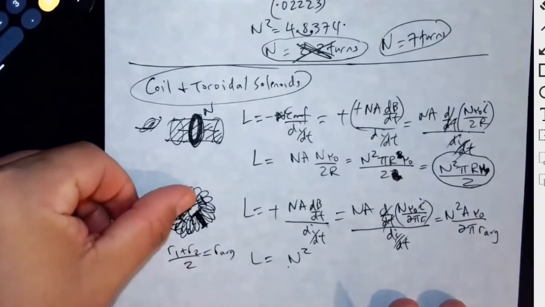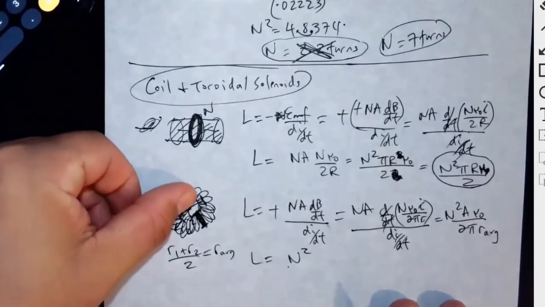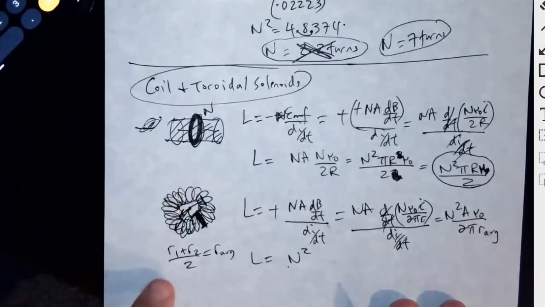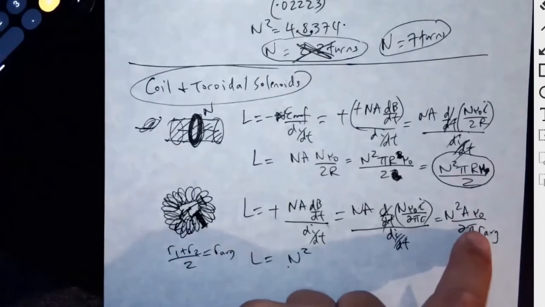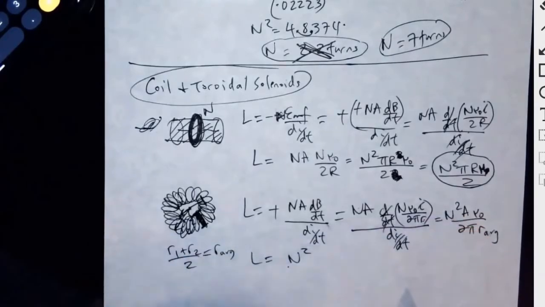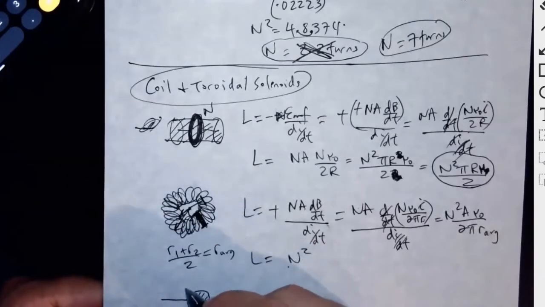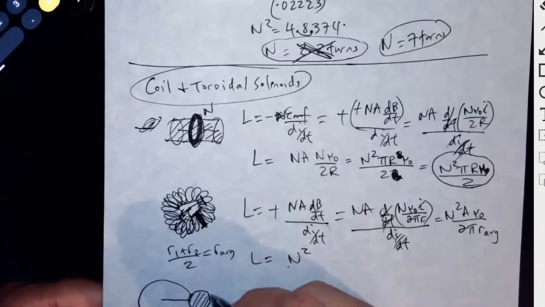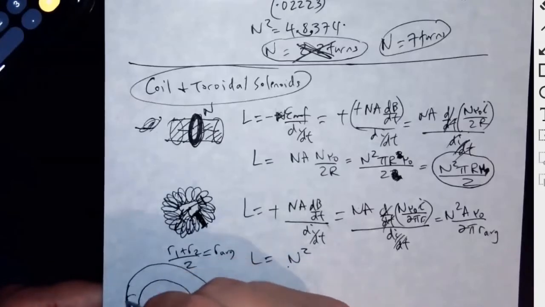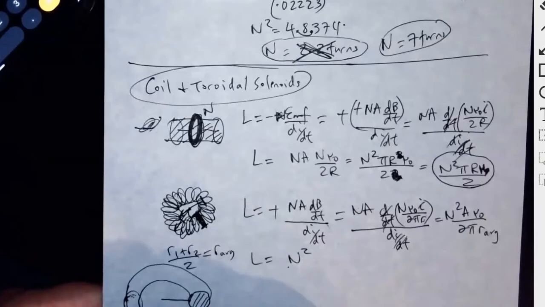Inner being from the center to the inside of the toroid, and outer to the outside of the toroid. Inner plus outer over 2 gives you our average. And then the area is going to be what? Imagine that area. How do we calculate it? It's like a donut, you see. It's going like this, then coming back around.